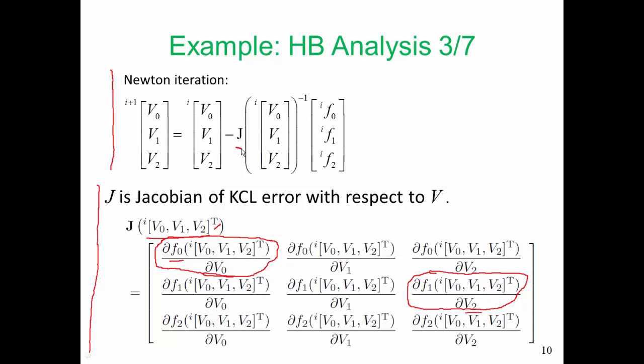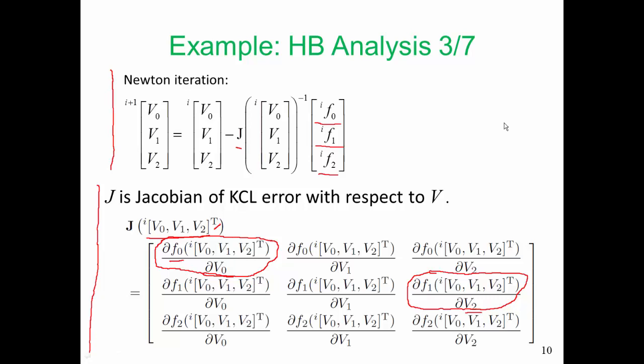So we take our Jacobian, we invert it, and that's saying that given this error and the error at the other tones, multiplying that vector by the inverse of our Jacobian tells us how much we have to update the voltage to get rid of the error completely. All of this, of course, is handled automatically in a large commercial program. There's a lot of coding that goes behind this, and it is surprising how well these Newton iterations work.